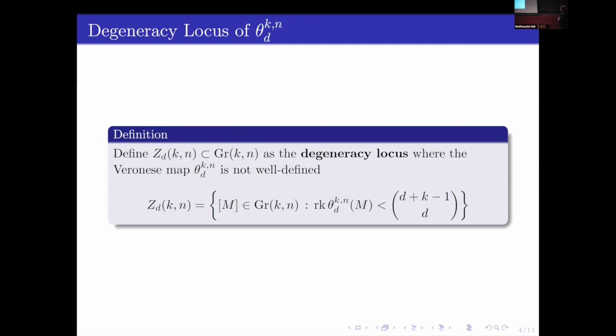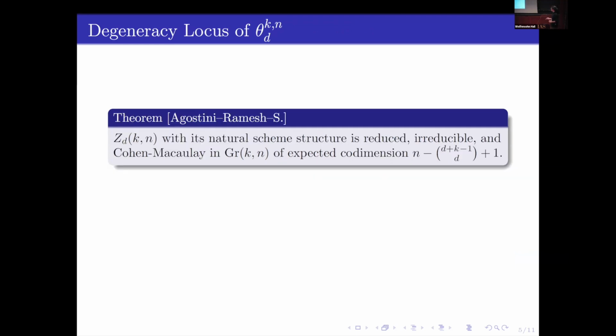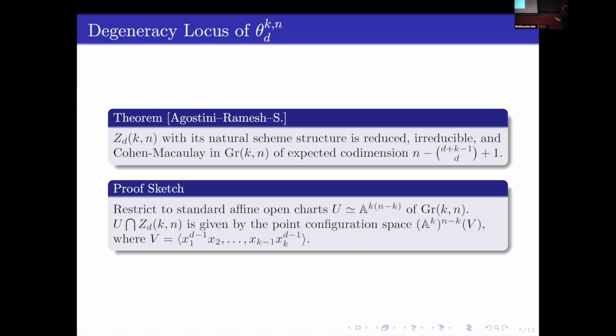This comes with a natural subscheme structure, and we can show that this subscheme is reduced, irreducible, and Cohen-Macaulay, and furthermore its codimension in the Grassmannian G(k,n) is as expected. The way we showed it is basically by passing to the standard affine charts on the Grassmannian G(k,n) and then applying the previous theorem.